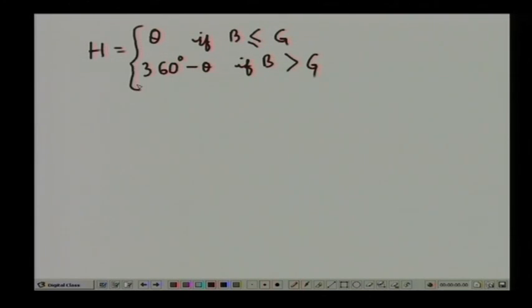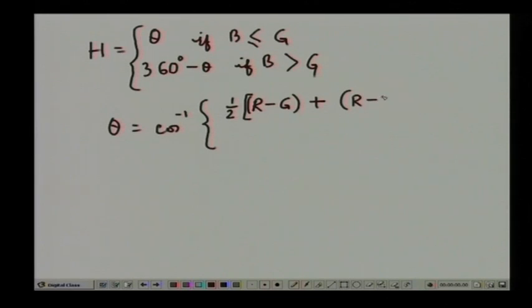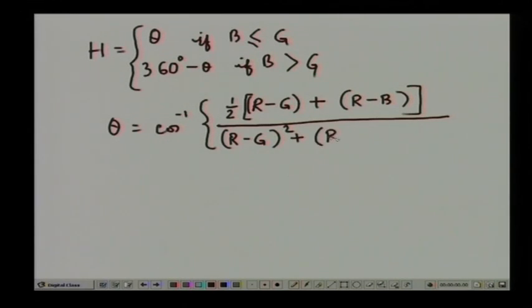So, this is how we can compute the hue component in the HSI model, where the value of theta is given by cosine inverse of half of (R minus G plus R minus B) divided by ((R minus G) square plus (R minus B) into (G minus B)) to the power half, where R is the red component, G is the green component and B is the blue component of the color specified in the RGB space.